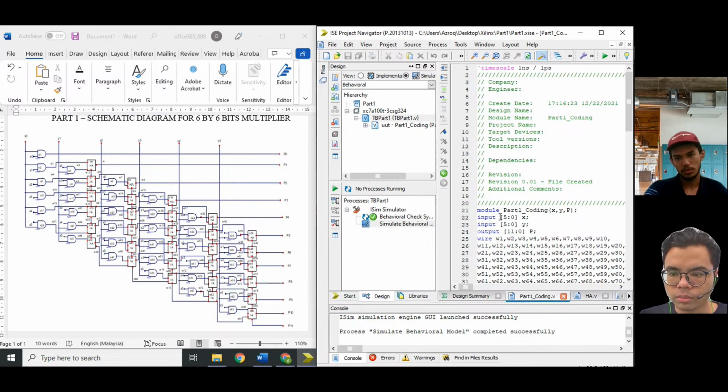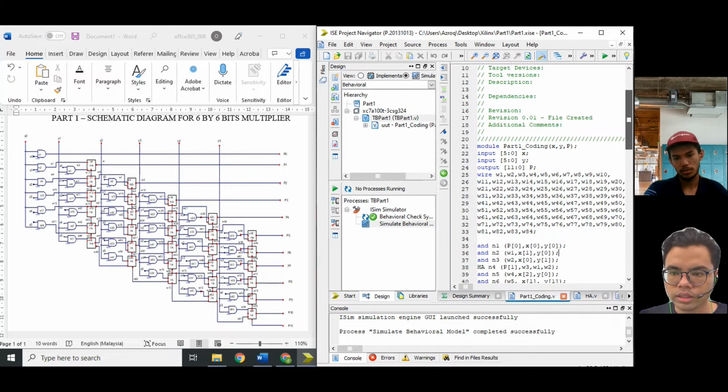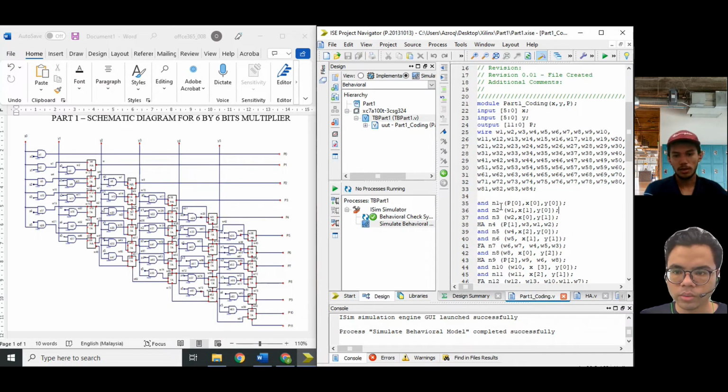Our module name is part 1 coding, and the inputs are X and Y. The output is P. Then the wires are declared as W1 to W84. For the first AND gate, the output is P0 and the inputs are X0 and Y0.